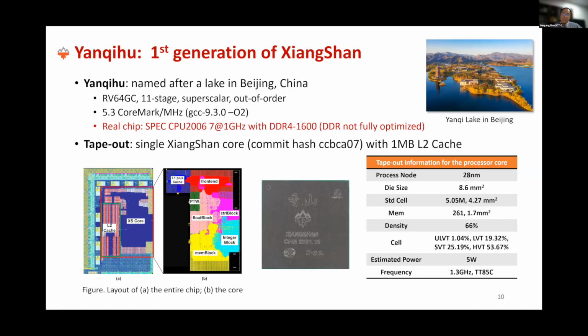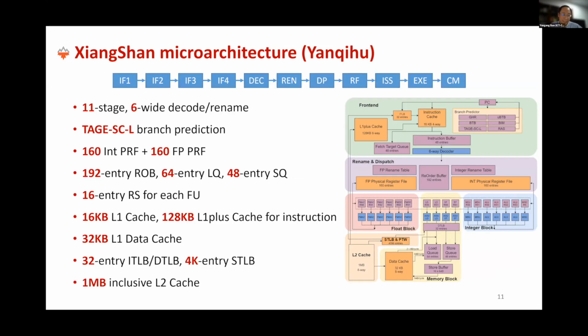Next, I'll give some details of the first 2 generations. The first generation is the Yanxihu. This is a lake in Beijing, and the chip was taped out last year. This processor has an 11-stage pipeline with 6-wide decode and rename, and there are some parameters of the microarchitecture.